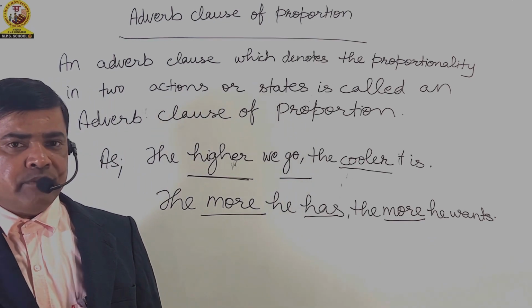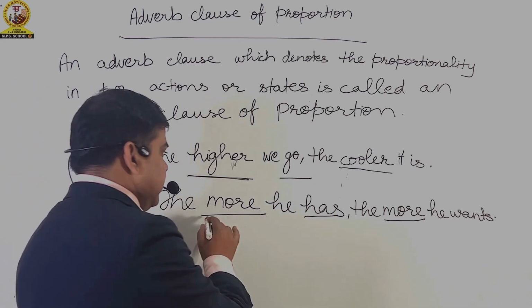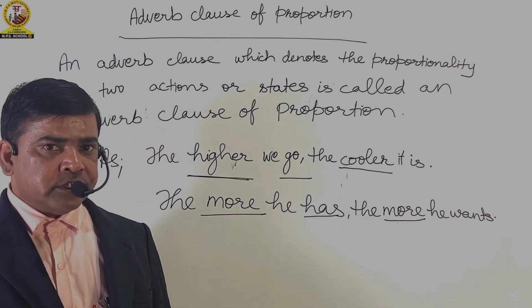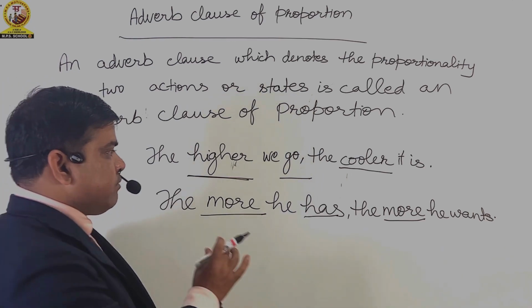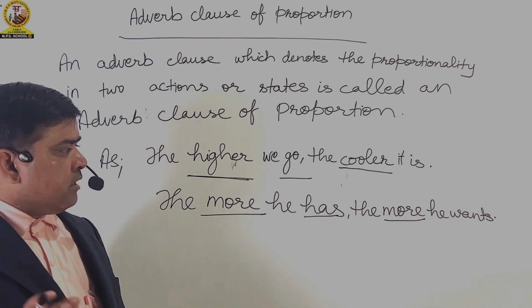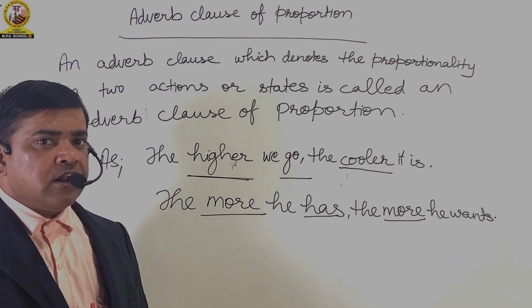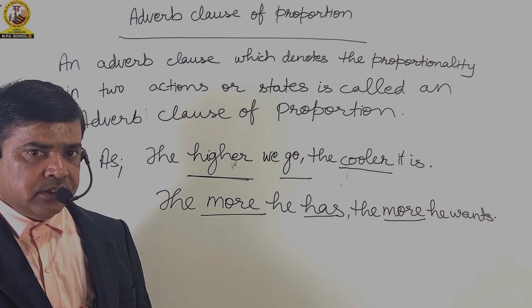So there may be different types of clauses. Here the first part denotes the possession of the subject, and in the second part of the sentence the adverb clause of proportion denotes the action of the subject.